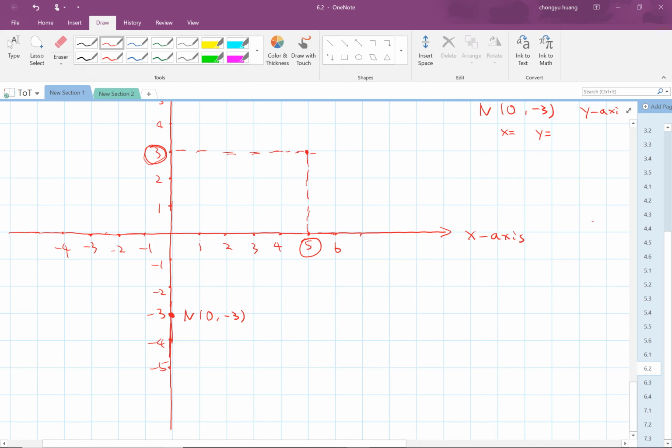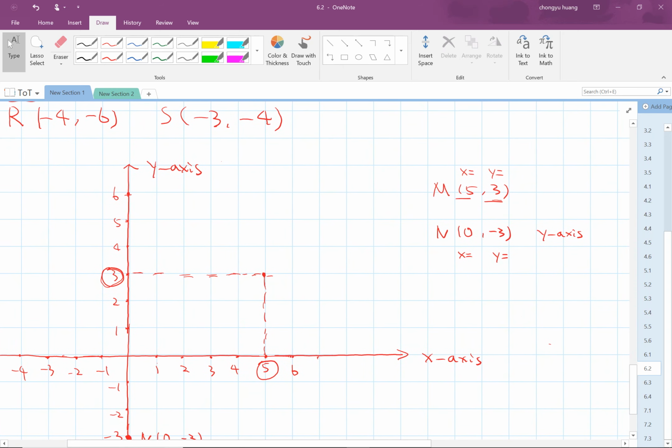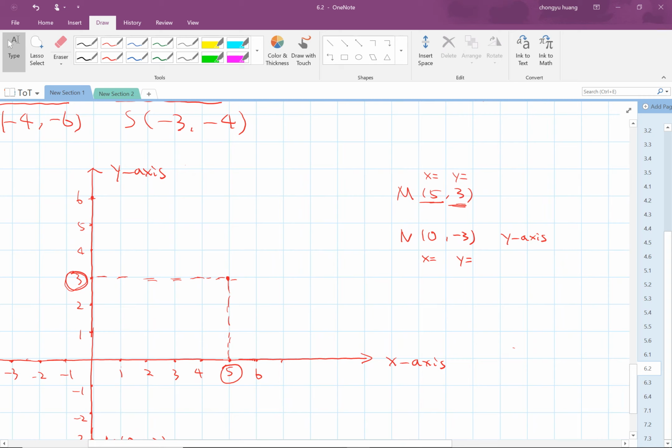Okay, so that's basically how the values of x and y indicate the position of the point, right? As I told you before, for our first point, 5 and 3 are both positive, so this point has to be in quadrant 1, right?